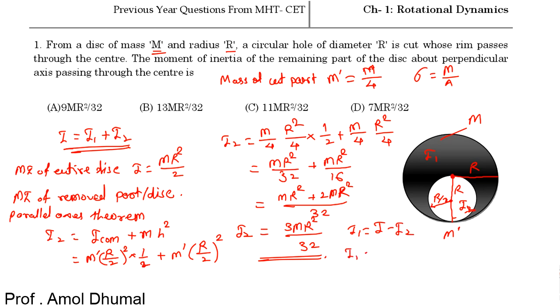So I1 is equal to mr square by 2 minus 3mr square by 32. Solving this, we get 13mr square by 32. So option B is correct.